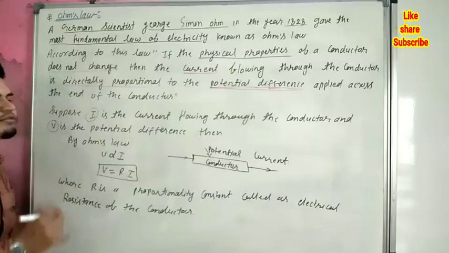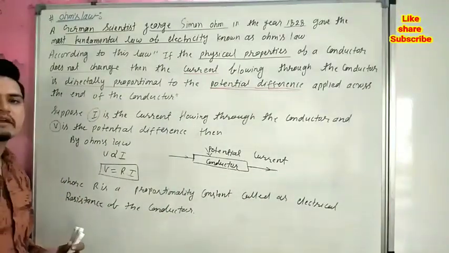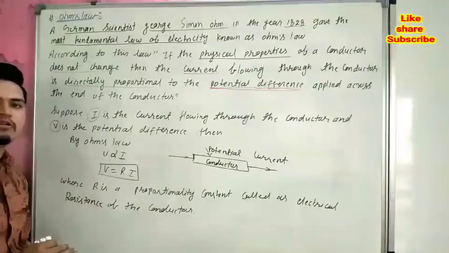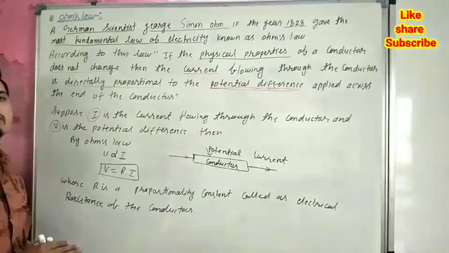So a German scientist, George Simon Ohm, gave the most fundamental law of electricity in 1828. This is called Ohm's law.